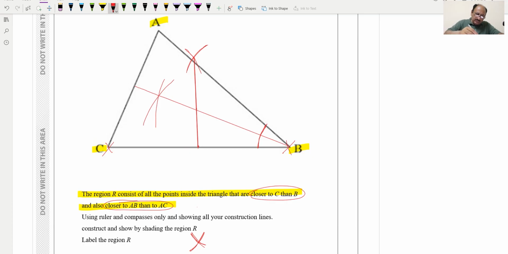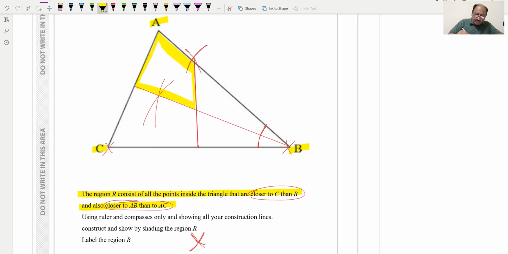It should be on which side? It should be closer to point C. So closer to point C is this region, and closer to AB than AC is this region. So we will be shading the portion which is required, which is basically this portion which we have shaded. Hopefully you are understanding.